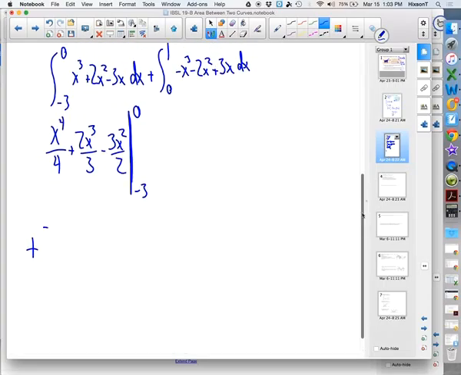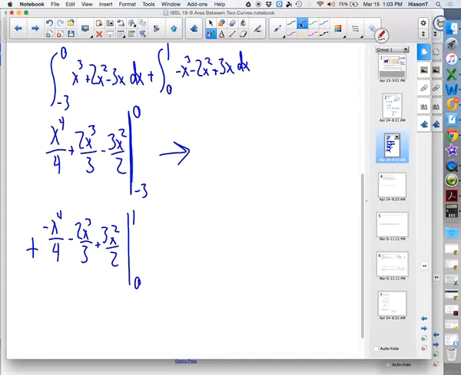We have a negative x to the 4th over 4 minus 2x cubed over 3 plus 3x squared over 2. That's evaluated from 0 up to 1. Okay? Now, when I plug in 0 in both of those, it's 0. So, I need to plug in a -3. So, -3, and it's going to be 0 minus all of this.